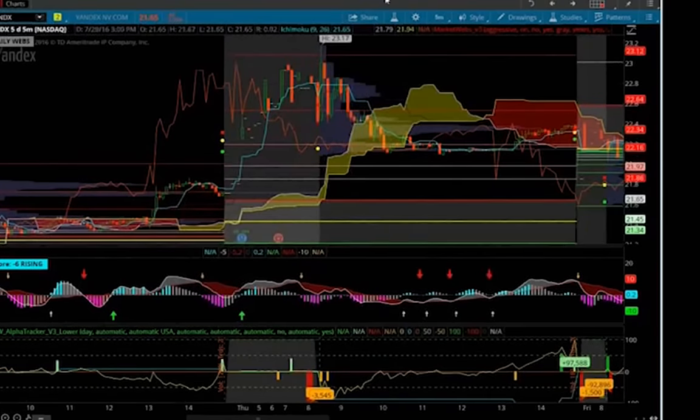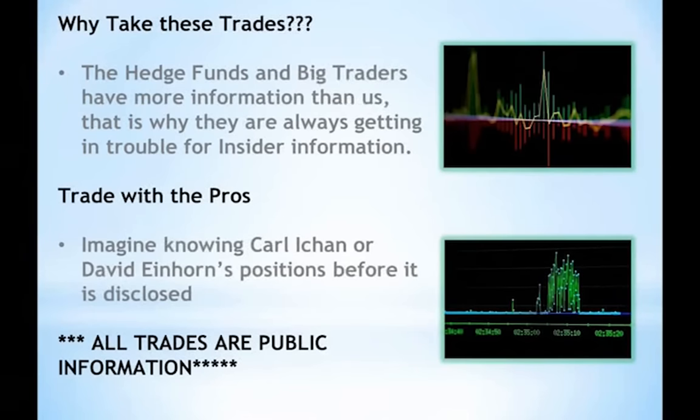These options that this trader bought for 85 cents ended up trading as high as $1.55 into the next day, right?